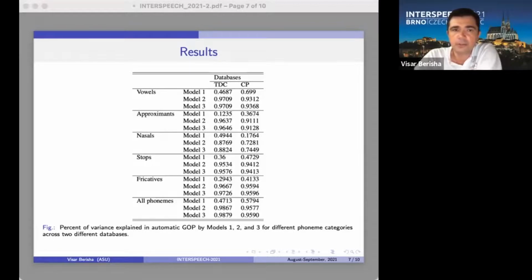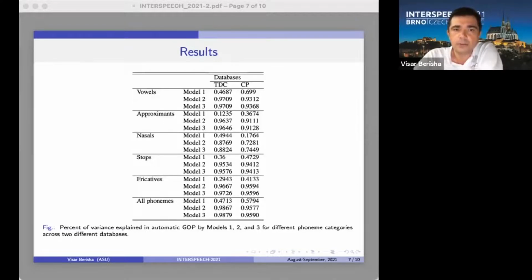So some observations from this data. And I forgot to mention this, but we do this across many different phoneme categories. So vowels, approximants, nasals, stops, fricatives, and then an average across all phonemes. So some observations based on this data.